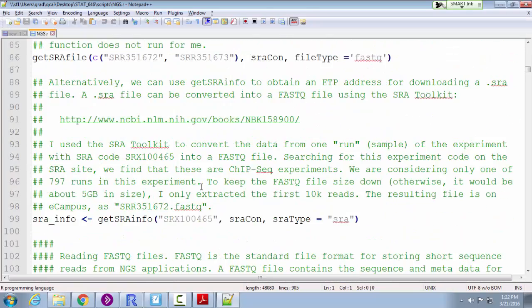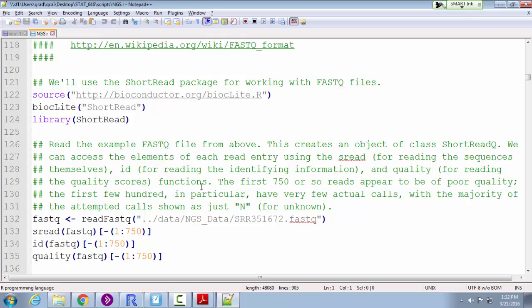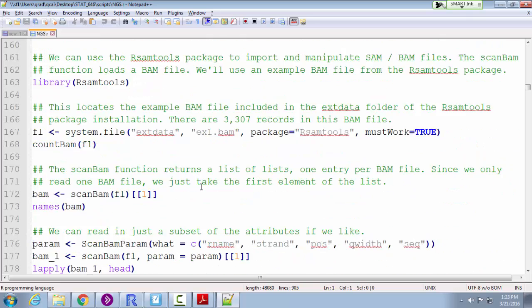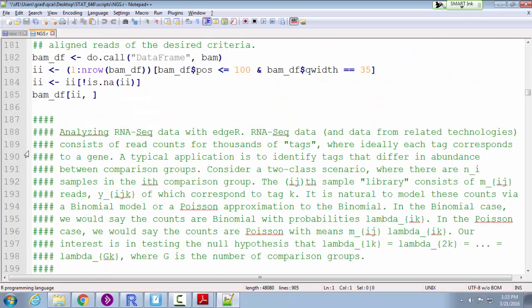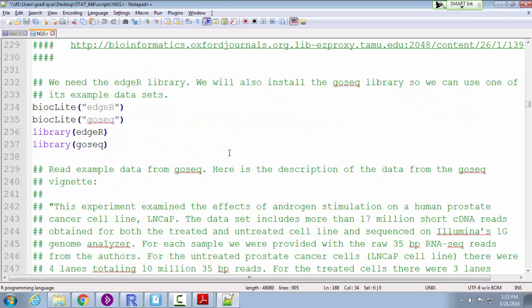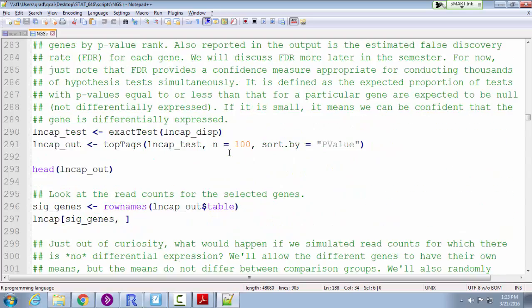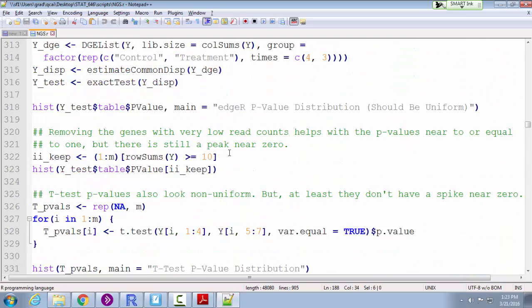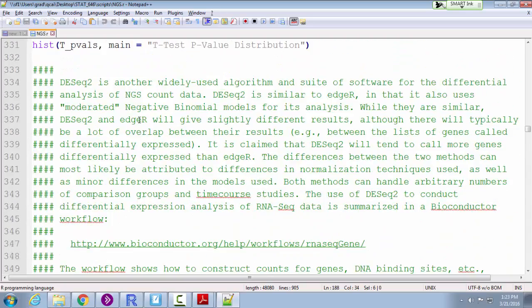If I scroll down in NGS.R to line 187, there's this blurb about edgeR. edgeR is a package in Bioconductor, and it implements the Robinson et al. stuff. Down below edgeR, we'll go through this with an example together, probably next time, is DESeq2.